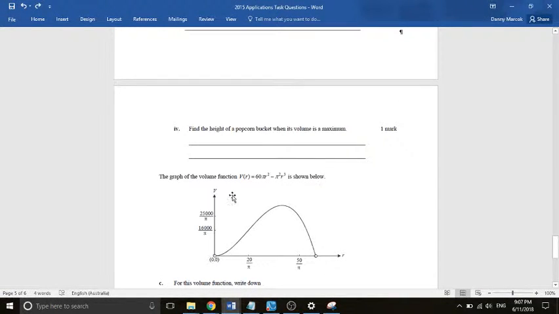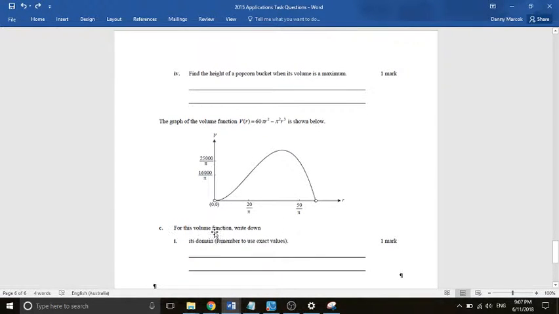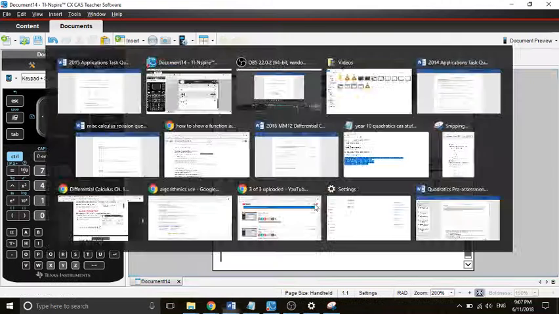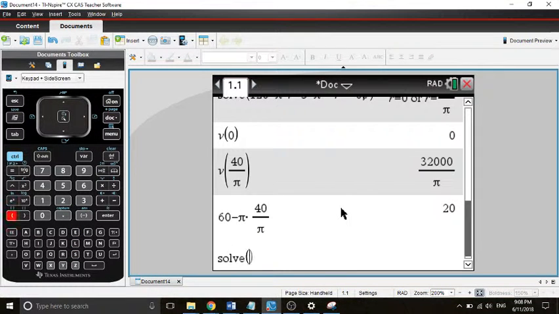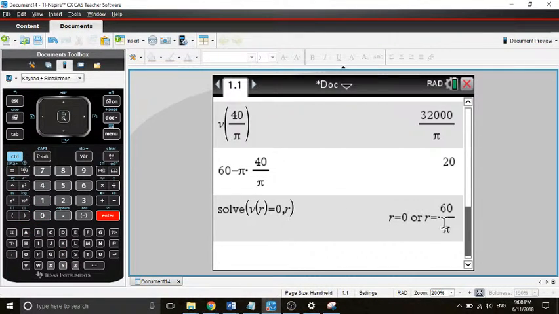Okay, graph of the volume, so they give us the graph, which is very nice of them. For this function, write down the domain. The domain is going to go from 0 out to this value here. So we solve V of r equals 0 for r, and have 0 or 60 over pi.